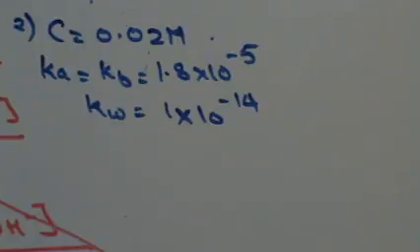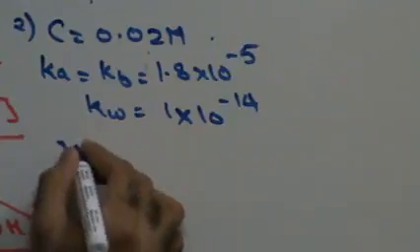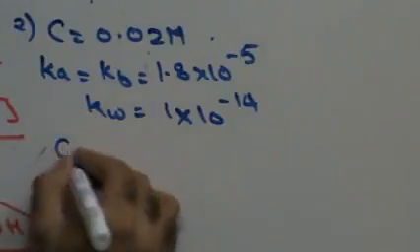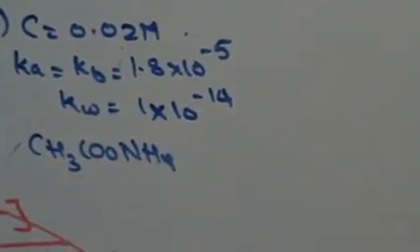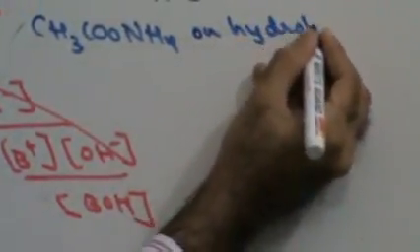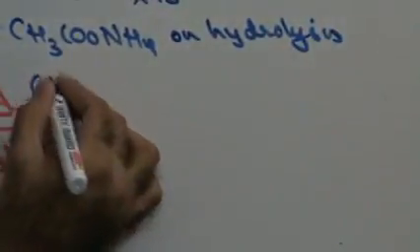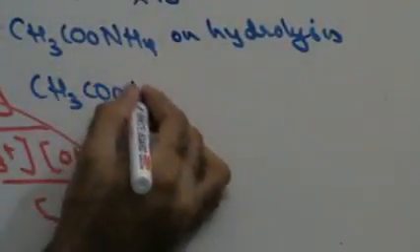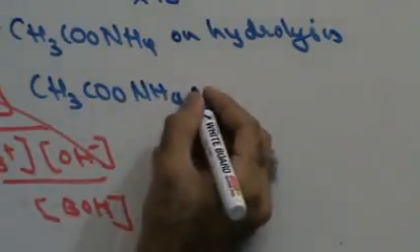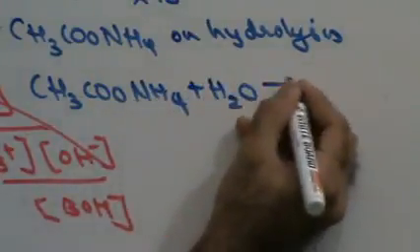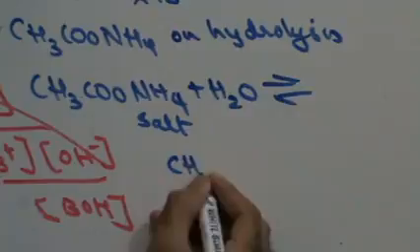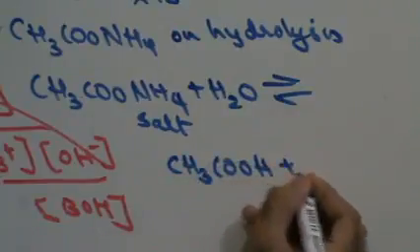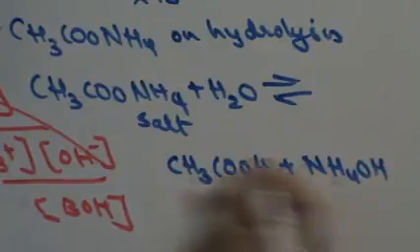Right? Now, first of all, I can say that ammonium acetate on hydrolysis will give you acetic acid CH3COOH plus ammonium hydroxide NH4OH.